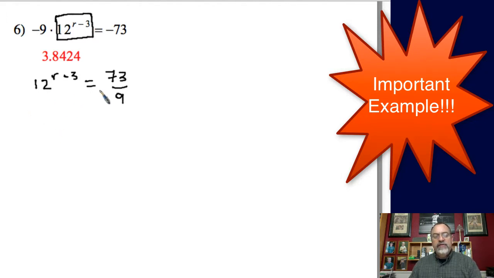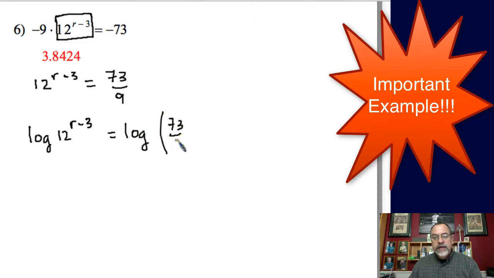Well, now that we have this isolated, we can undo this exponential operation by doing the inverse. So we're going to take the log of both sides. So we're going to take the log of 12 to the r minus 3 equals, now be careful here, you're going to keep this together. This is a single number. Now again, I don't want you to multiply this out or calculate it out, because it's all going to be a decimal approximate, and then we're going to use it again.